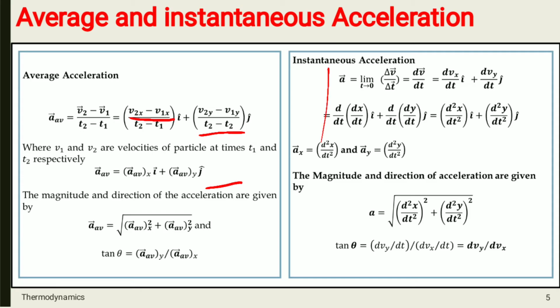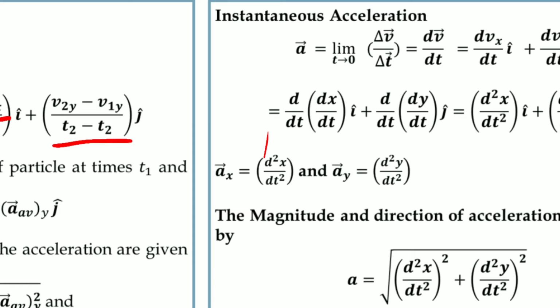Now we are going to see instantaneous acceleration. For that we consider a bar, which is equal to the limit as delta t tends to 0 of delta v bar divided by delta t. Here it is delta t, not t bar; t is not a vector.